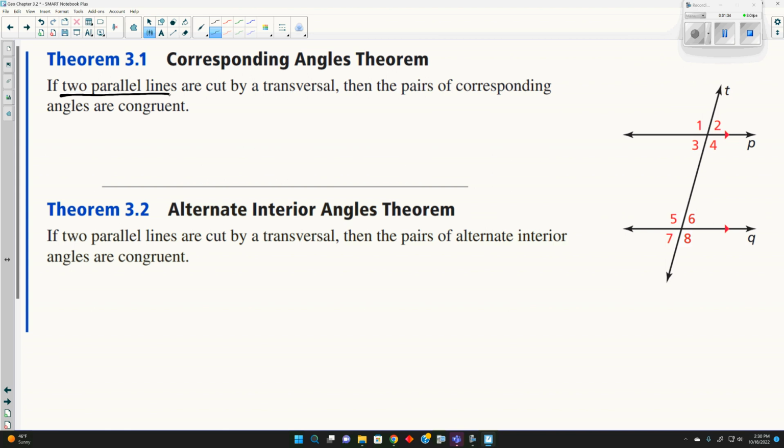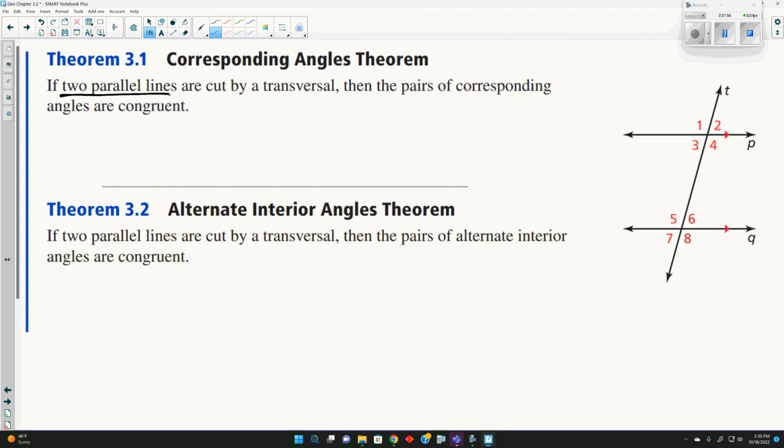They're going to be the same. And if two parallel lines are cut by a transversal, their pair of alternate interior angles are the exact same angle. So the corresponding angles and alternate interior angles are going to be congruent.